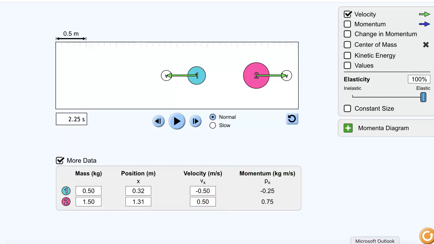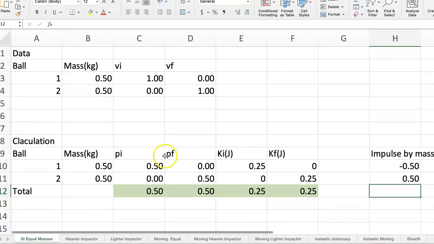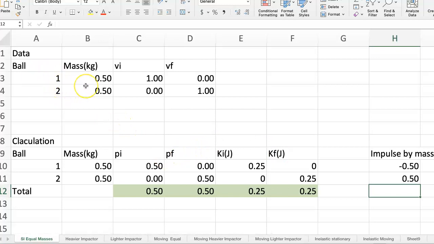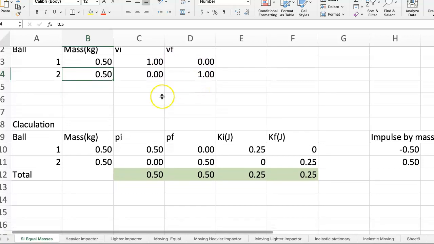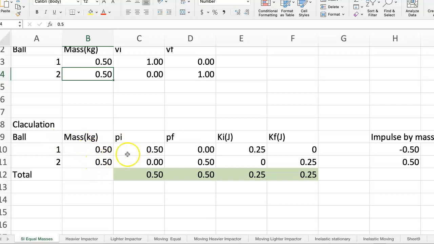Now I will go to my Excel sheet. For example, this section is going to show my data part of the lab. I will say ball 1, ball 2, mass 1.5, for my first, and this is my final. For the calculation, I will have the other masses again, and I will multiply mass times velocity to get momentum: initial momentum, and final momentum, also mass times velocity.